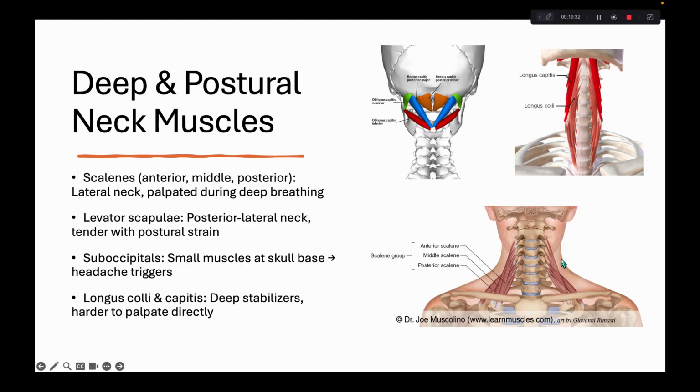I wish I had a picture to show you guys, because this view isn't the greatest, because this is an anterior view. But if I were looking at the scapula, the levator scapula is going to be on that superior angle, connect there and kind of run up to the neck.